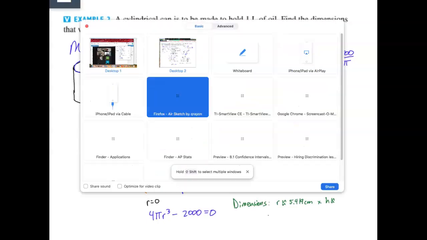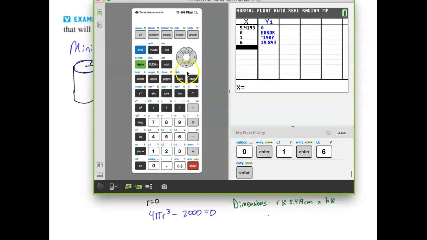So I'm going to go back to my calculator and go, oh boy, you got to be really careful with this one.